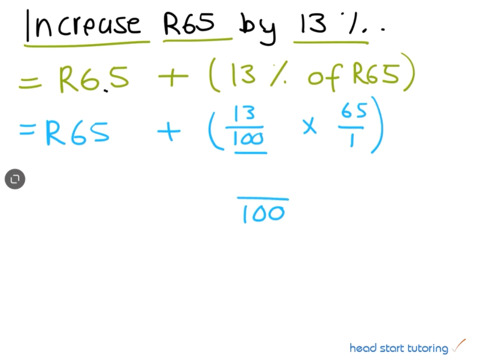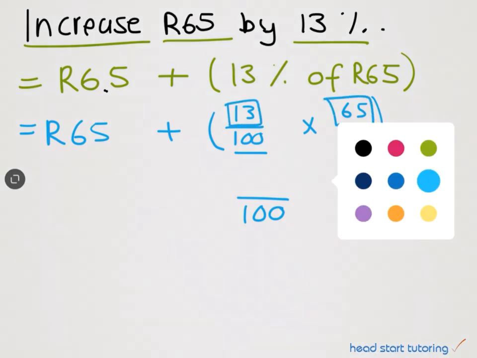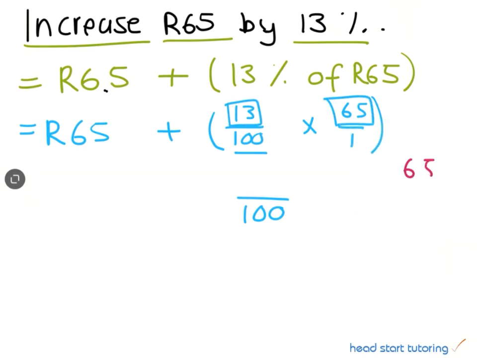And then we can work out our 13 times 65 here on the side. We can say 65 times by 13. 3 times 5 is 15, carry our 1. 3 times 6 is 18, plus 1 is 19.